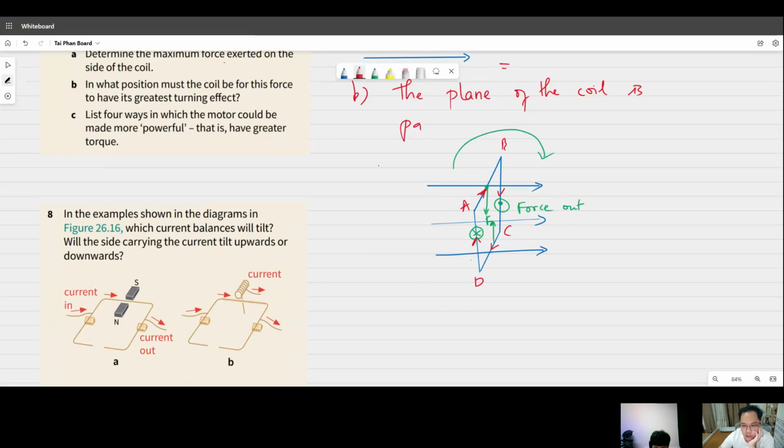I'm sure it is when the plane of the coil is parallel to the field that it will cause the maximum torque.